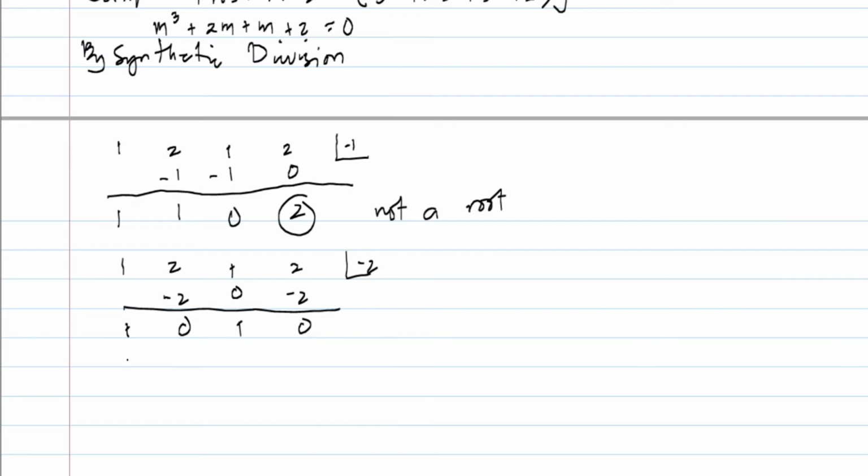Now, titingnan nyo dito, meron na tayong m squared plus 1 is equal to 0, di ba? Kasi wala yung m to the 1. Now, pwede na natin makuha dito yung roots. So, we have m squared is equal to negative 1. Therefore, ang ating m is equal to square root of negative 1, and that is positive negative i. In this form, kung titignan nyo, wala siyang a.